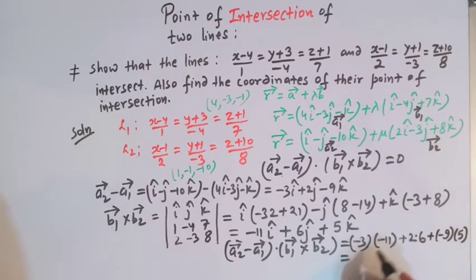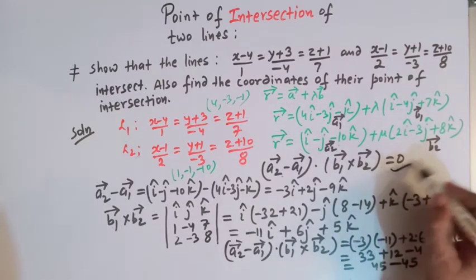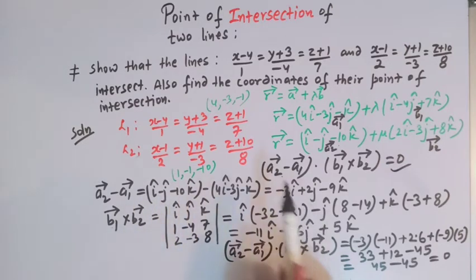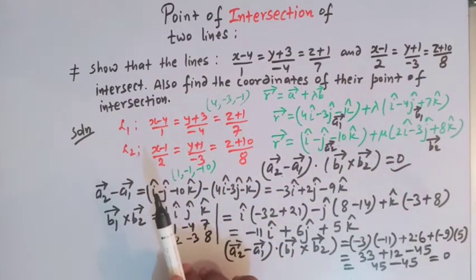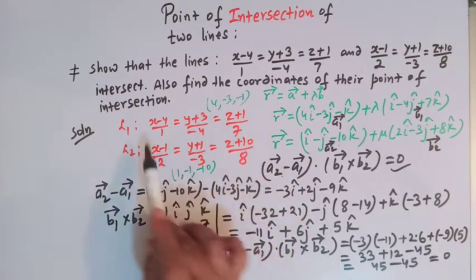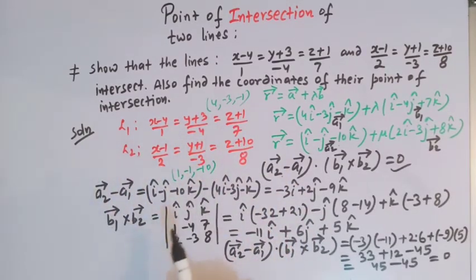Now this is plus 33, this is 12, 2 sixes are 12, then we have 45, and 45 minus 45 is equal to 0, right? So therefore these two lines intersect. This is also a method for proving two lines intersect, and to find the coordinates of their point of intersection, we take lambda and mu and find the general point.